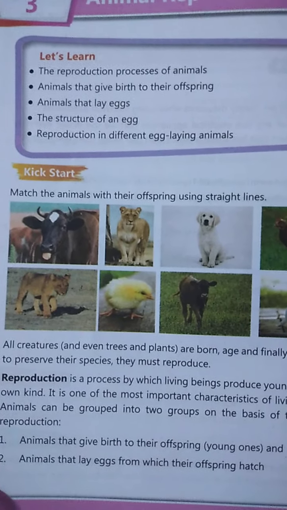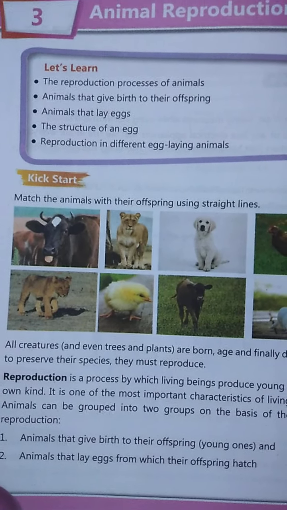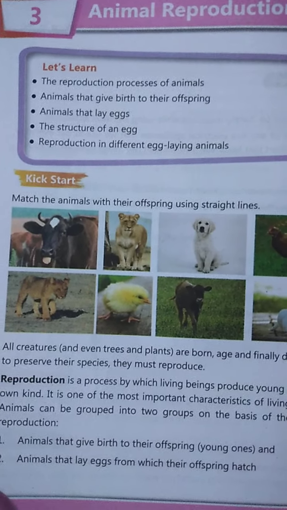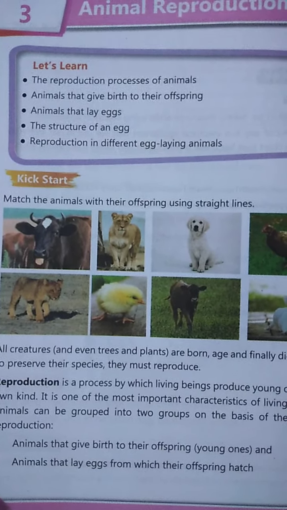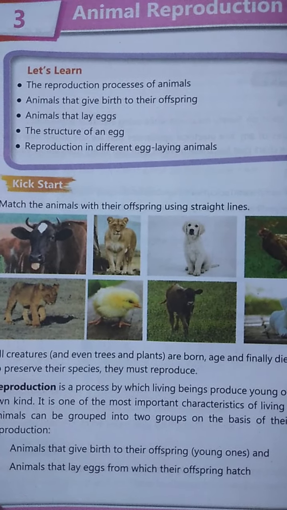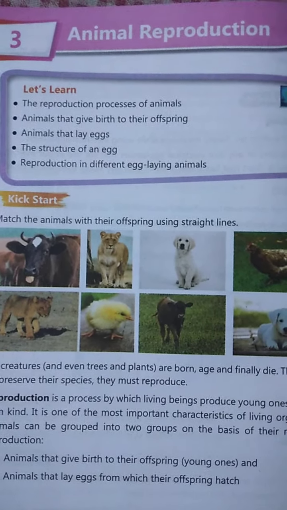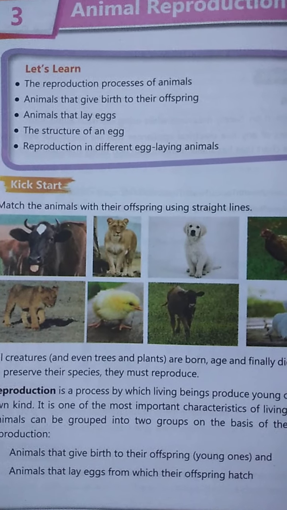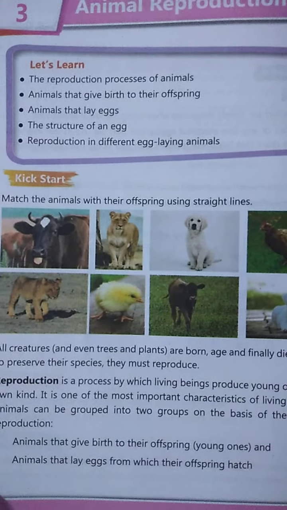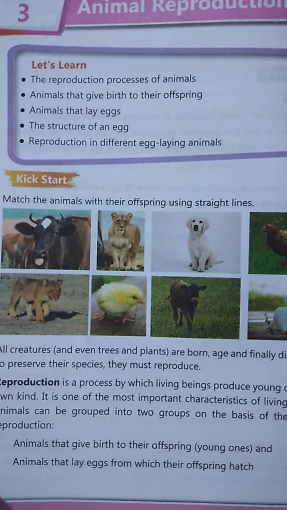So in this chapter we are going to study the reproduction process of animals, animals that give birth to their offsprings, animals that lay eggs, because animals can reproduce in two ways. Either they can give birth to their young ones, or they can lay eggs, and then from their eggs their offsprings hatch. Okay, so the reproduction process we are going to study is of the animals that give birth to their offspring and animals that lay eggs.